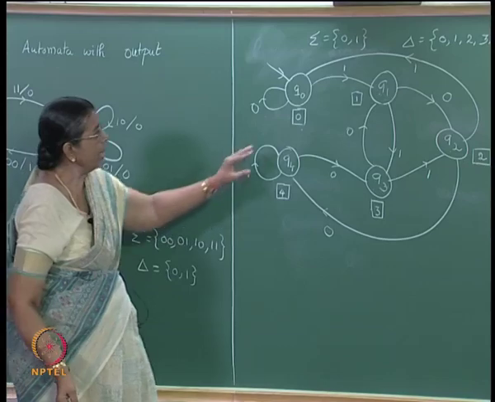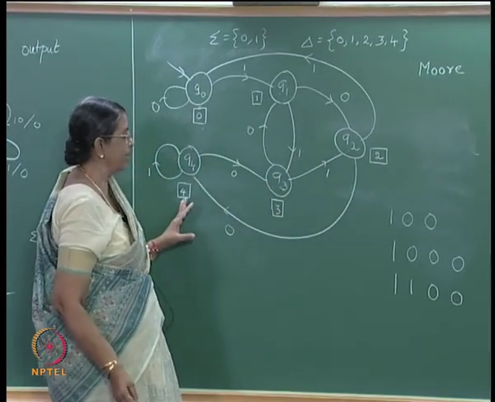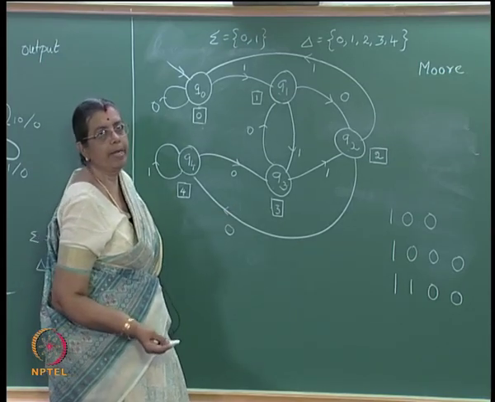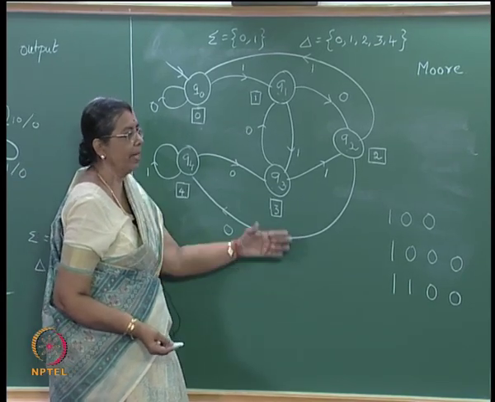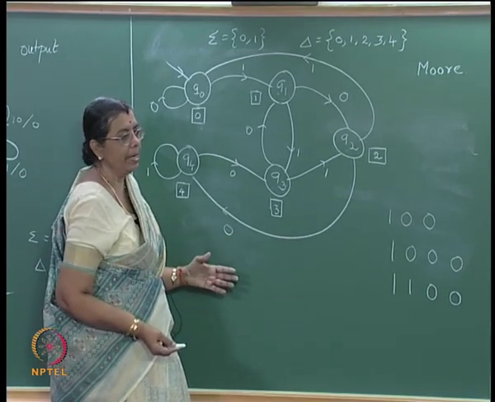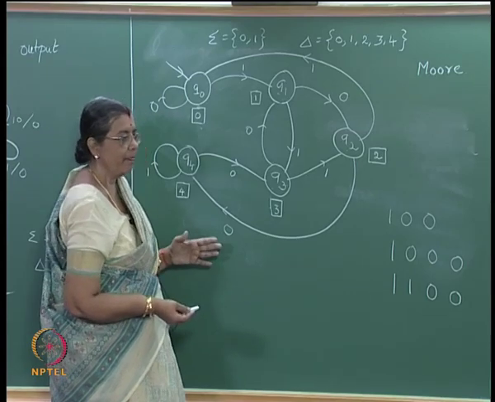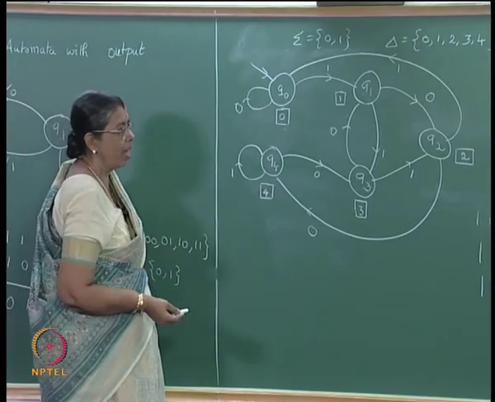So, here the output really represents the remainder when divided by 5. You take the input as a binary string, it represents a number. When that number is divided by 5, what is the remainder? That is given as the output.